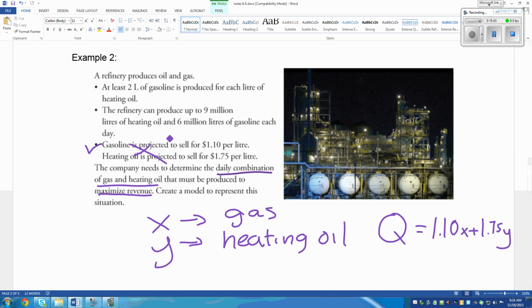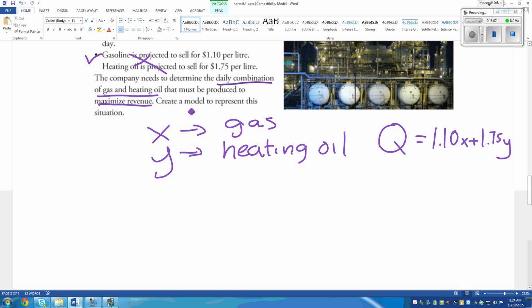Reese, what did I tell you next? As soon as you're done your objective quantity, you have to think about your inequalities, your constraints. Okay? Can you make negative numbers of your constraints? You can't make negative liters of gas, negative liters of heating oil.